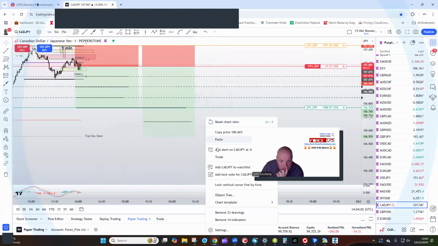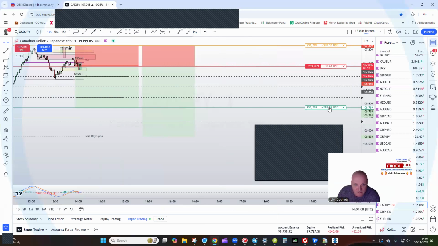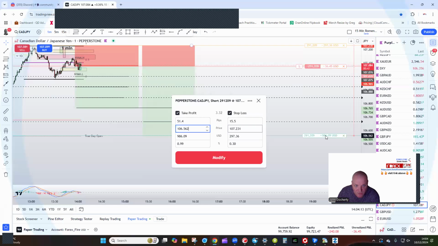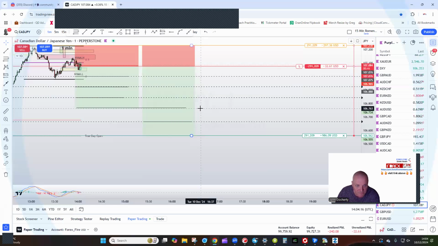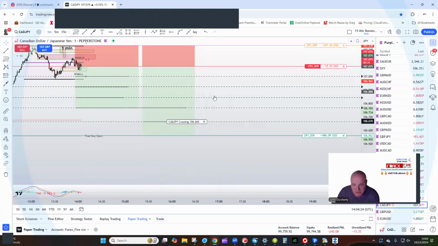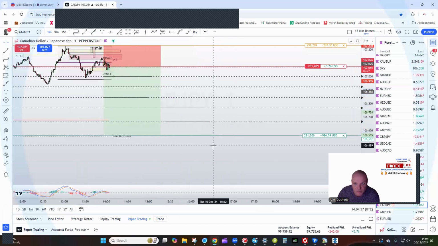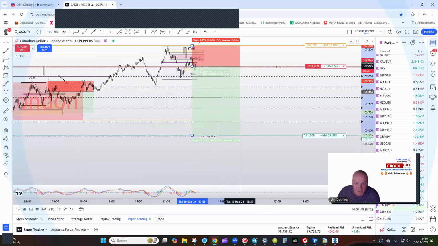I want to add an alert there. Maybe bring this down to here for now. Okay. And we could add an alert there as well. So we're taking price off each level down. Again, if I just do that and I move this to here, then I can get rid of some of the noise. So that's the setup I'm looking at the moment.